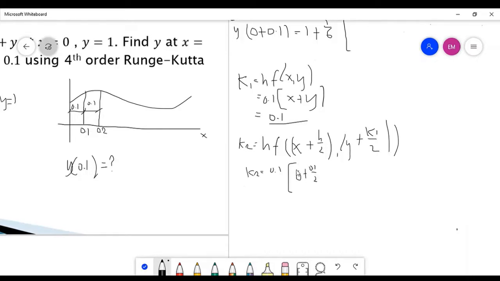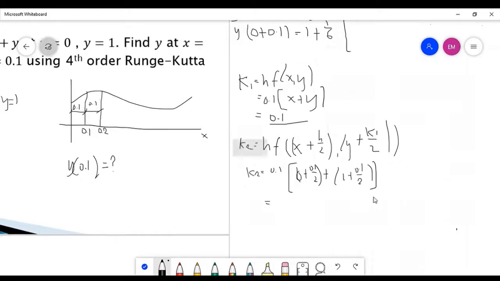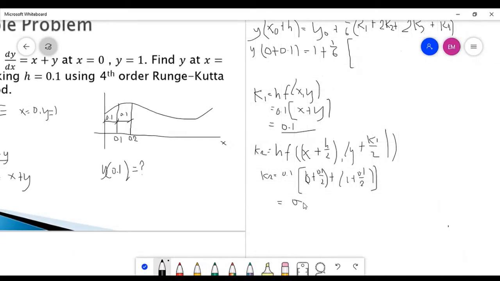Again, this is all for the x value, plus your y, which is 1 plus 0.1 over 2 because your K1 is 0.1. If we calculate it, the result is 0.1 divided by 2 plus 1 plus 0.1 over 2, times 0.1. So, a result of 0.11. And this is our K2.